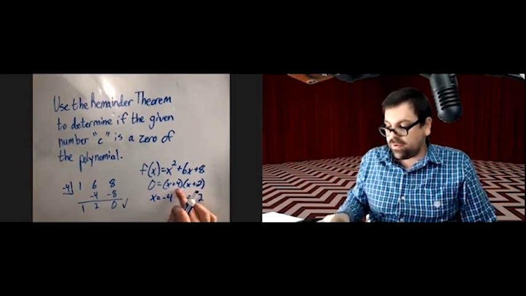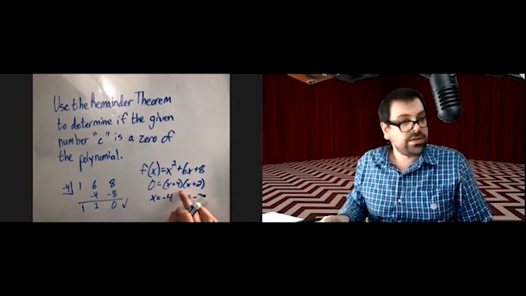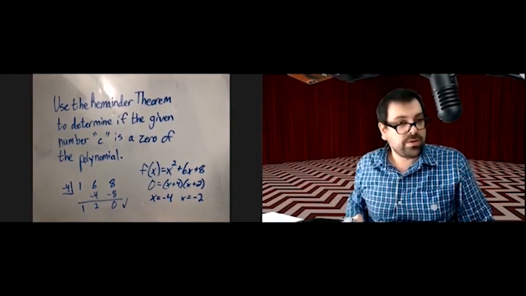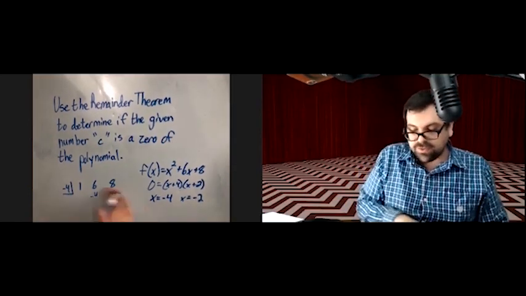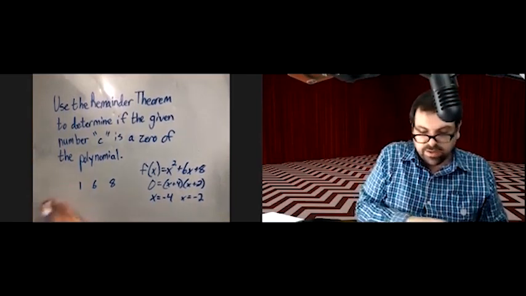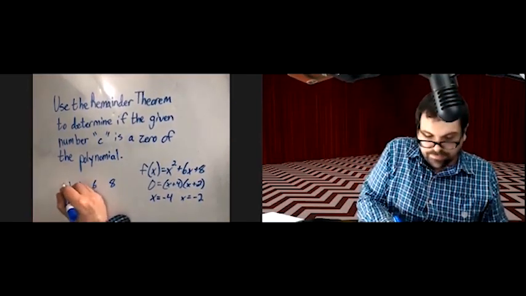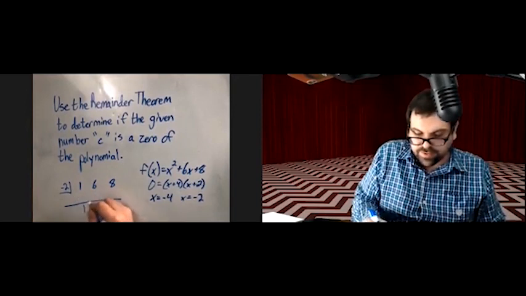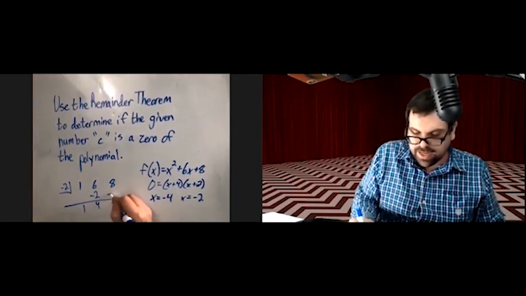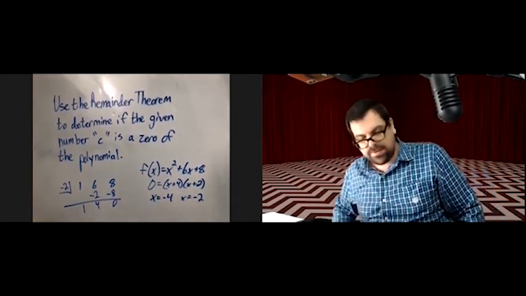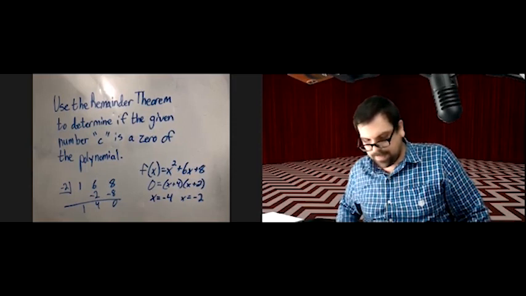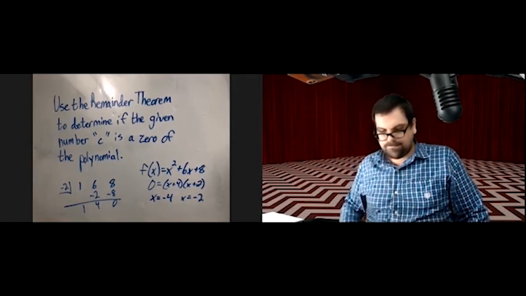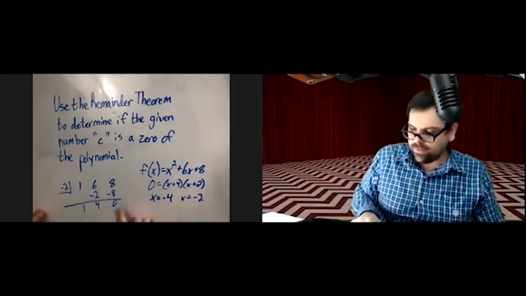It comes from an even factor of the polynomial. -2 being a 0 would also give us a remainder of 0 when we divide. Bring down the first number, multiply and add, remainder of 0.